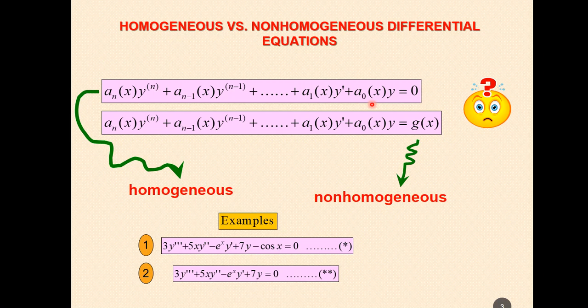So as you can see, this one is non-homogeneous, while this one is already homogeneous because the last term here is a product of a constant and your unknown function. So then, don't be confused.